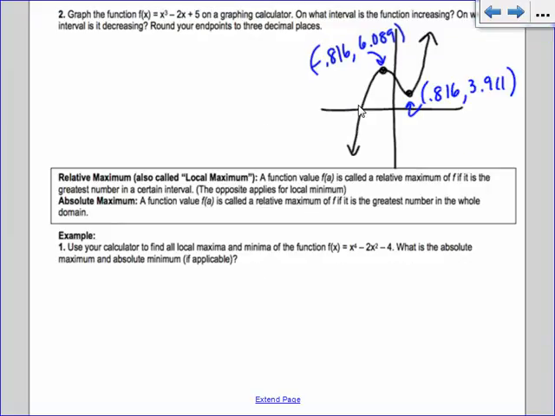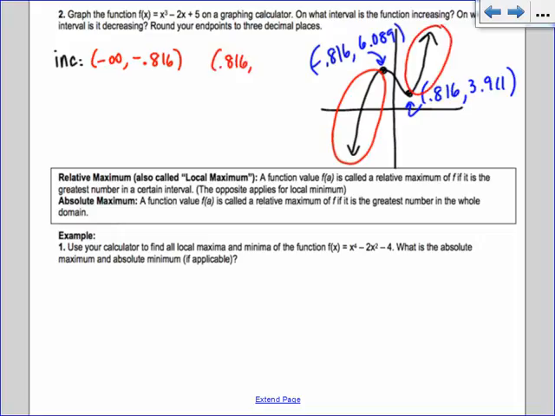Okay, so it asks for the interval on which it's increasing. So we're increasing from what x value to what x value. So we're going up from negative infinity to negative 0.816, exactly. And then we go up again where? Exactly. So I usually put a union between them. You could also just put a comma. It's fine.